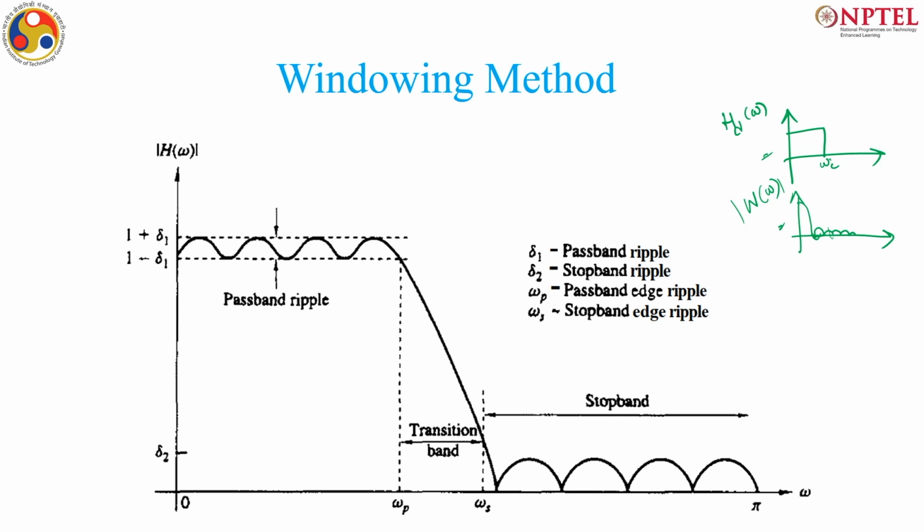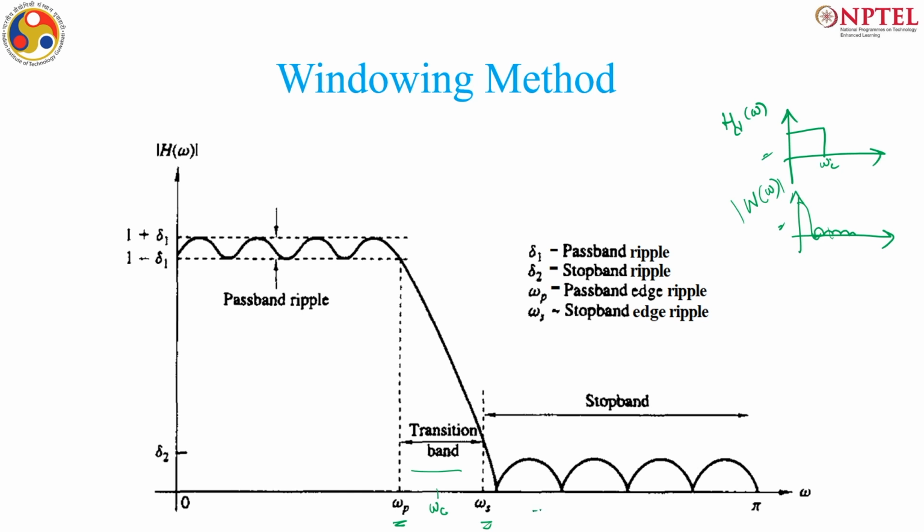So, instead of getting a sharp cutoff at omega c, we get a smooth cutoff, and this is called omega p, the passband frequency, this is the stopband frequency, and this is called my transition band. For a good filter design, this transition band should be as small as possible.